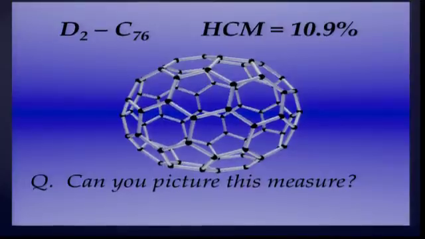For example, if we take D2C76, try to imagine now generating its enantiomeric form, superimposing it as best you can using this distance measure to determine goodness of overlap. So get the best possible overlap. Now find the remotest possible of those 76 atoms of one enantiomorph from any of the atoms of the other enantiomorph.